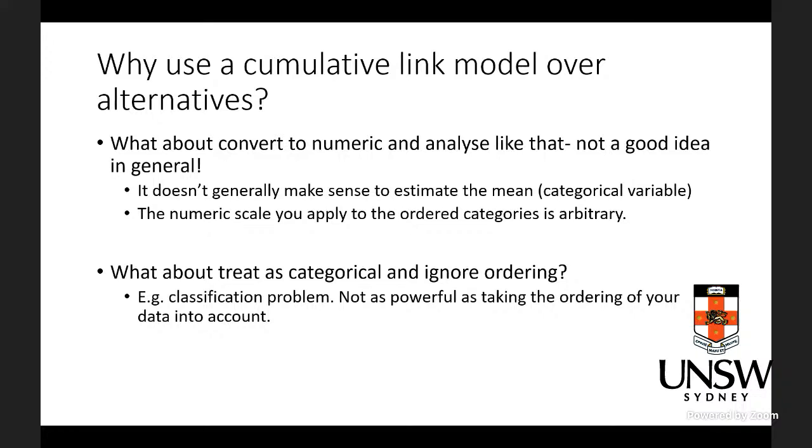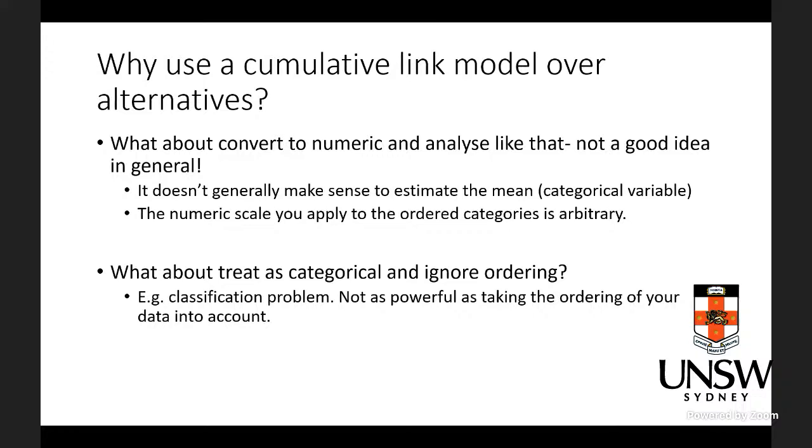A few things might come to mind. You could convert your ordinal scale to a numeric scale. So I could just use the 1, 2, 3, 4, and I could analyze that. This is not a good idea in general. When you do that, you're trying to estimate the mean category, and it doesn't really make sense to estimate the mean across categorical variables.